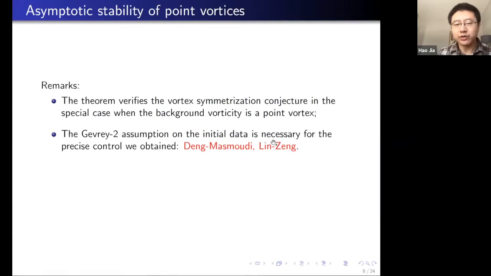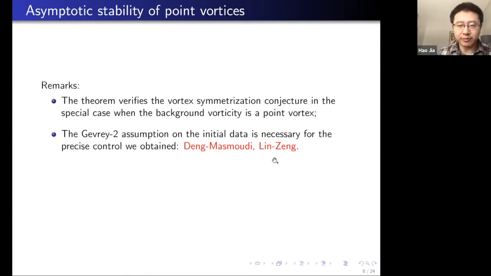They show that even if you perturb slightly worse than Gevrey-2, logarithmically corrected Gevrey-2, you already cannot expect such results in the context of Couette flow. And our setting is a little more complicated than Couette flow, so we fully expect such a result would extend to our setting as well.